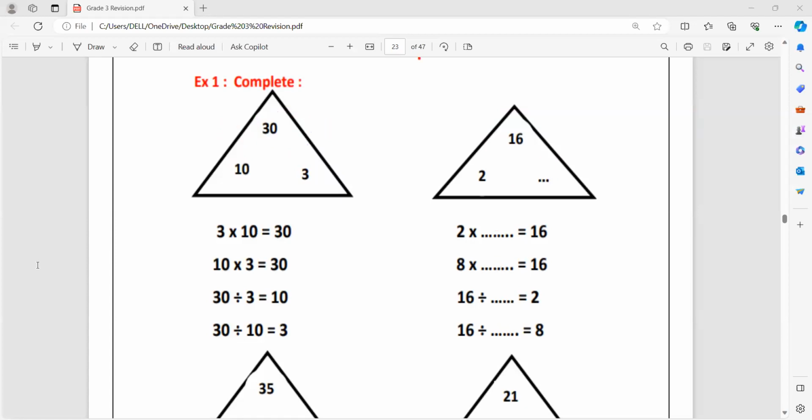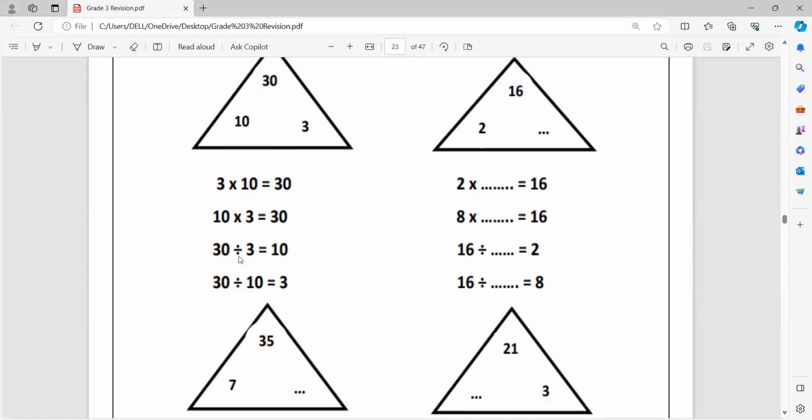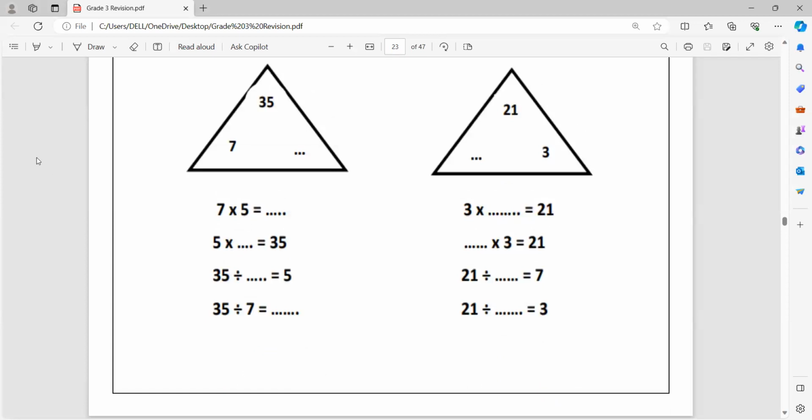Another one. We have here number 7 and missing factor 35. Can you see here? It's easy because he gave it to me. 7 times 5. It means that here we will put 5. And then complete. 7 times 5 equals 35. But if I change them, I will say 5 times 7 equals 35.